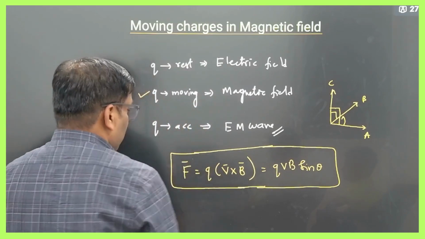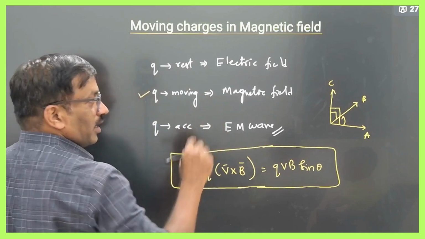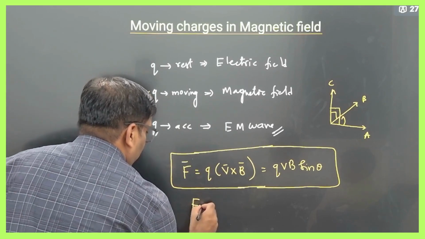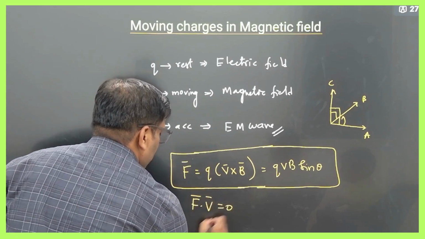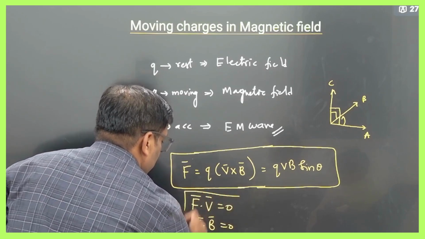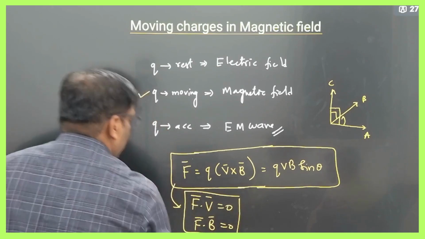With the perpendicularity condition, the dot product is zero: F dot V equals 0, and F dot B equals 0.